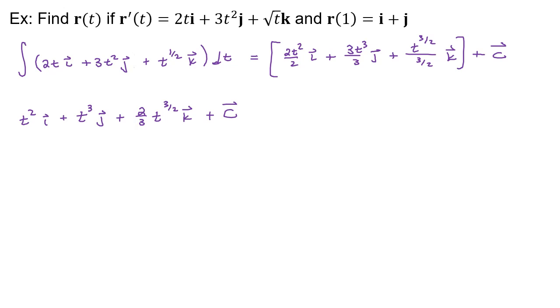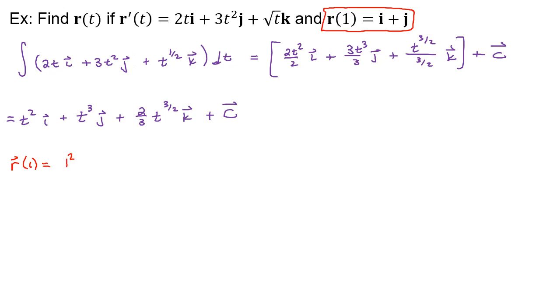I can find my c value using this little spot right here. So then it says, if you plug in 1, you get i plus j. So let's plug in 1.